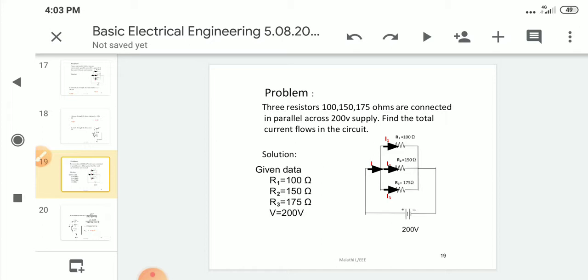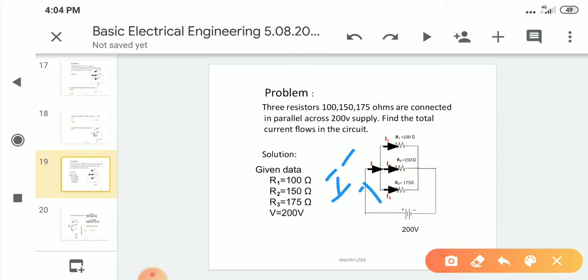This is the question. V is equal to 200 volts. In that question, what are they asking? They are asking to find the total current, capital I value. What is the value of this I? That is the question.